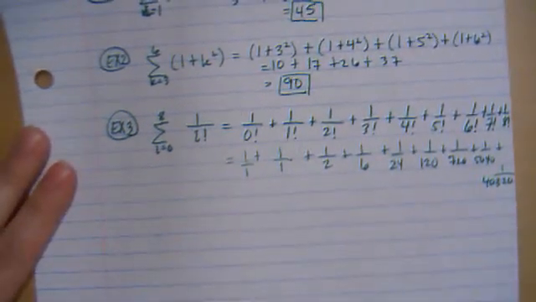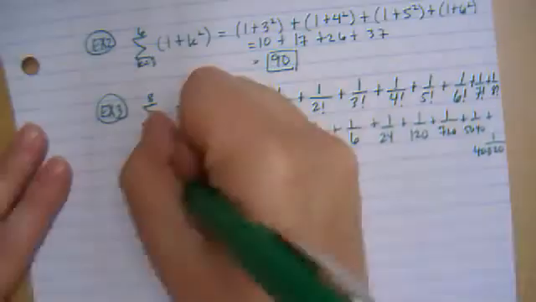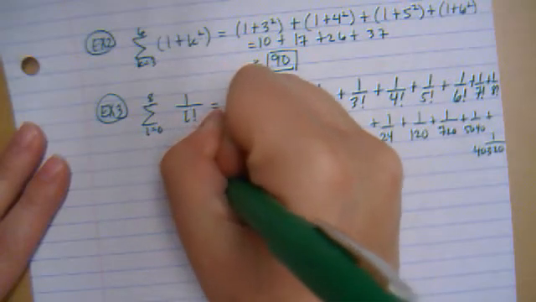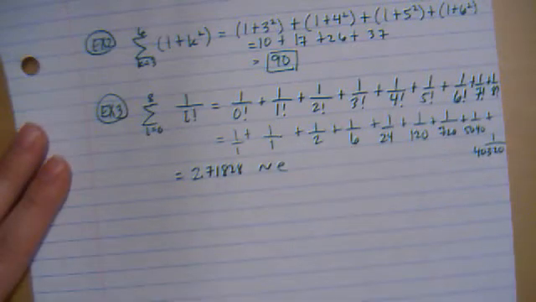If I added all these up in the calculator, yes, I know it's a lot of writing, we get that this equals about 2.71828, which is about e, if you remember when we did that.